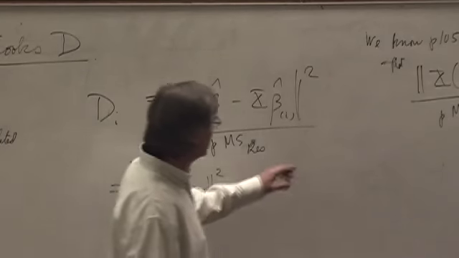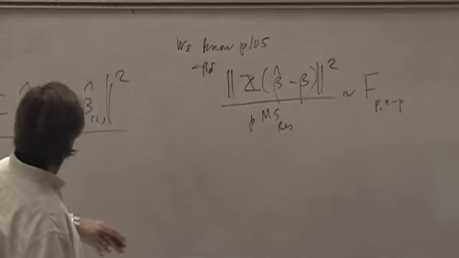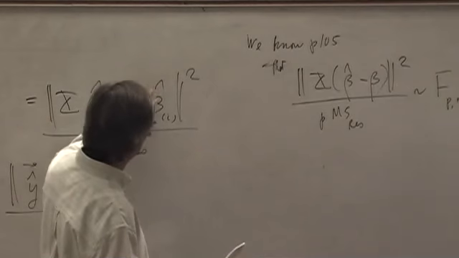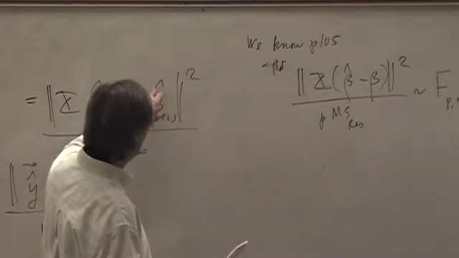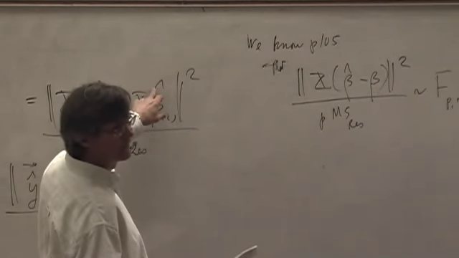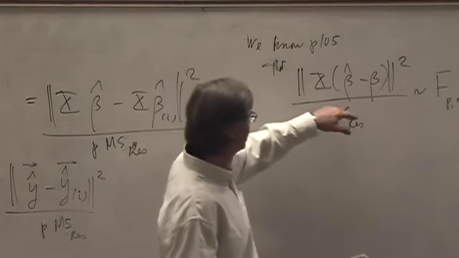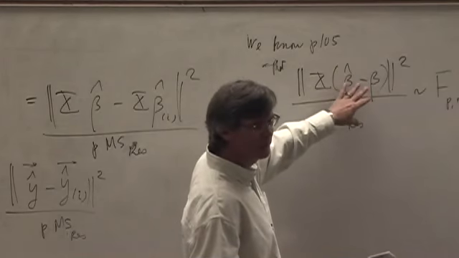Because this is true, when I delete the ith observation, if this is very large, then that puts beta hat i at the boundary of a confidence region for beta. This defines the confidence region for beta.